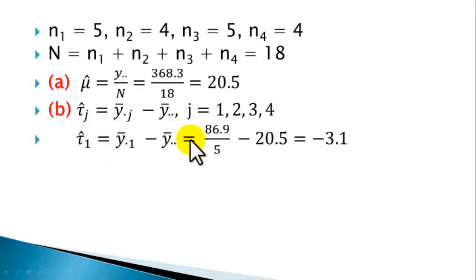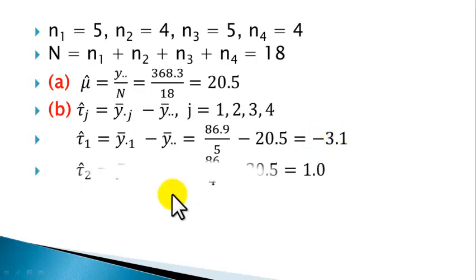This is equal to y bar dot 1, that is the mean of treatment 1, is 86.9 all over 5, as the total of treatment 1 is 86.9 and there are 5 observations there. So that will give us 86.9 over 5, then minus the grand mean, which we obtained to be 20.5. So this will then give us minus 3.1.